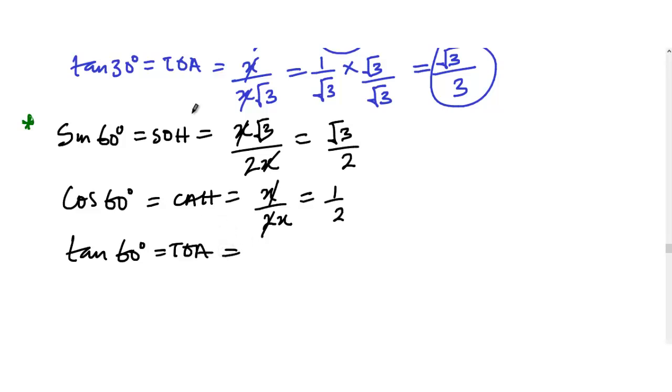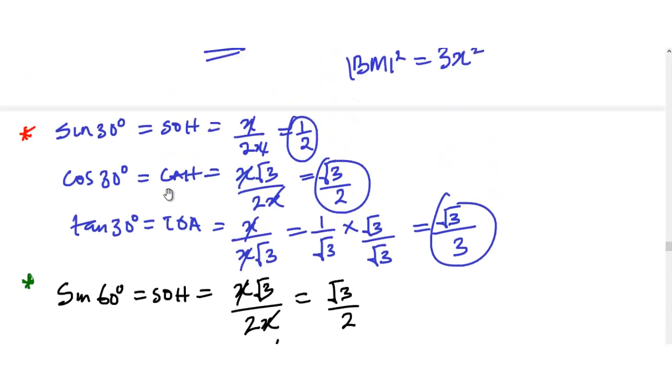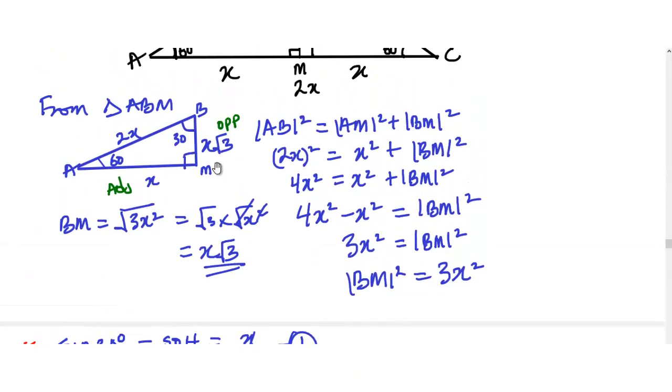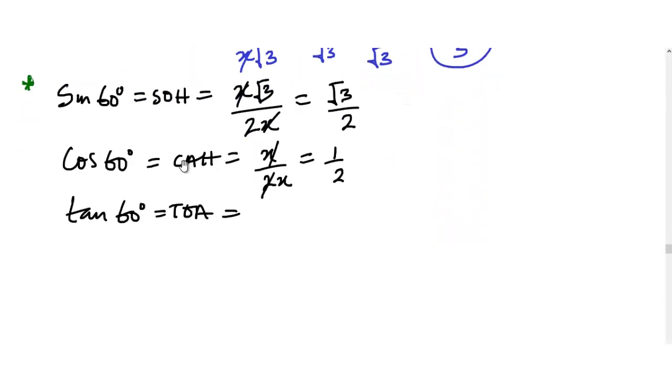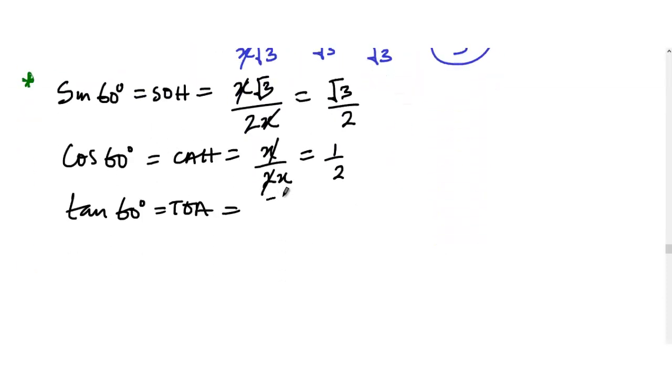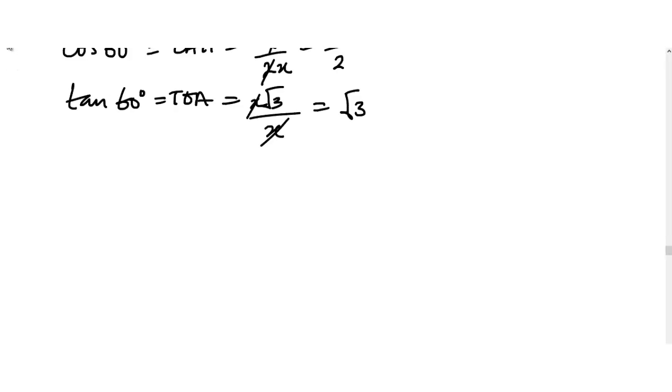What is TOA? That is opposite over adjacent. So what is opposite in this case? The opposite is x root 3 over adjacent, x. So this gives us x root 3 over x, x cancels x. Then we have root 3.